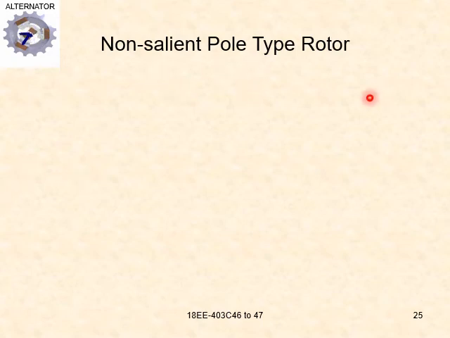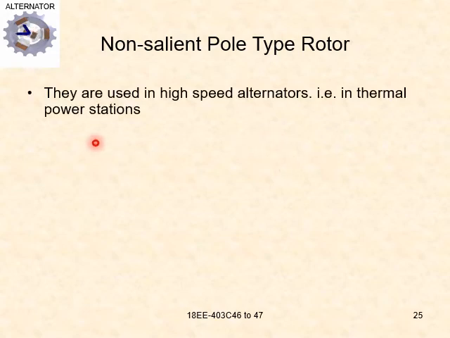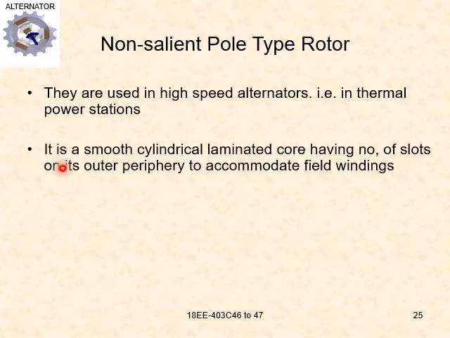Coming to non-salient pole type of rotor, they are used in high-speed alternators, therefore in thermal power stations. It is a smooth cylindrical laminated core having a number of slots on its outer periphery to accommodate field windings.